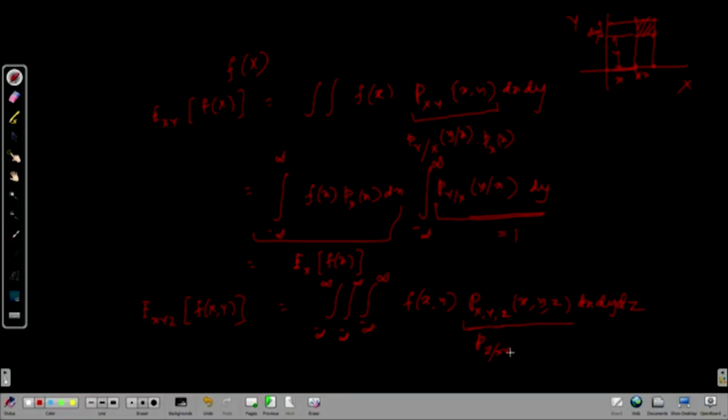Capital X, y are under constraint, they will take values from a certain range, and subject to that, the probability density of capital Z, that is, the probability of capital Z lying between small z to z plus dz, is a conditional probability. So, capital Z takes value small z, given this, and into this we have derived earlier, the probability density of these two constraint variables, the joint variables.